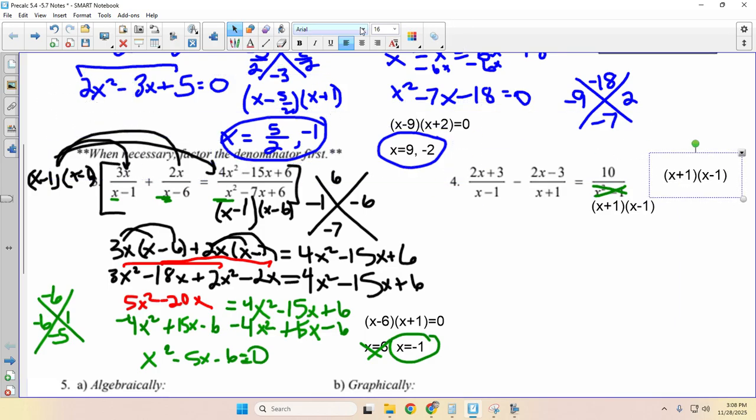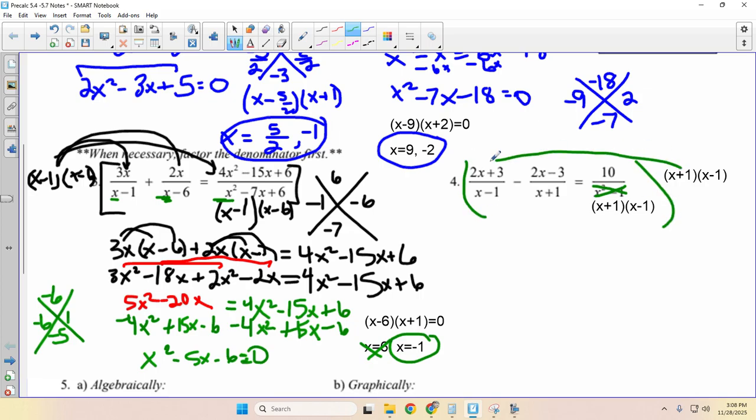So let's go ahead and do that. Throw some parentheses around this. Boop, boop. And let's rewrite what we get when we do that. So when we multiply it by 2x plus 3, we get the 2x plus 3. The x minus 1s cancel, but the x plus 1s stay. We get 2x minus 3.